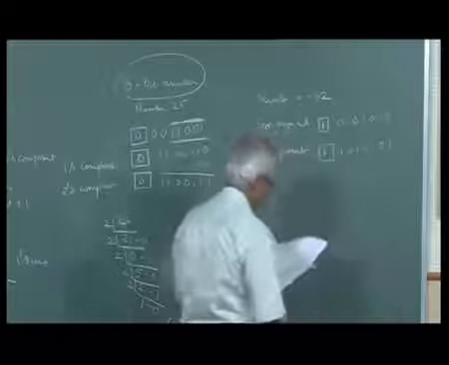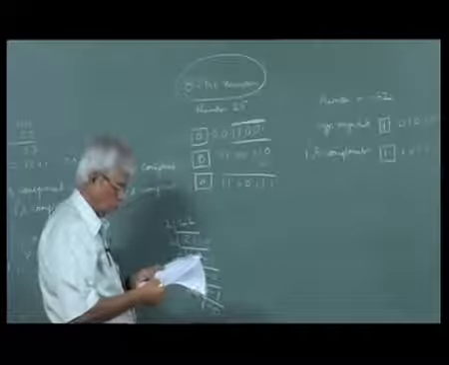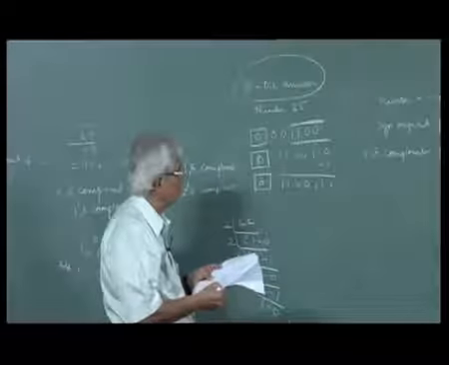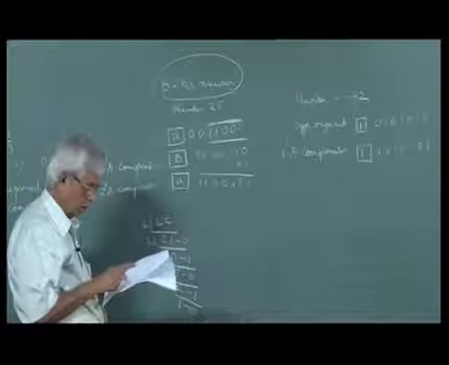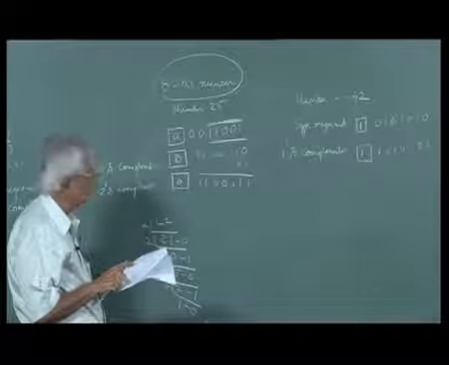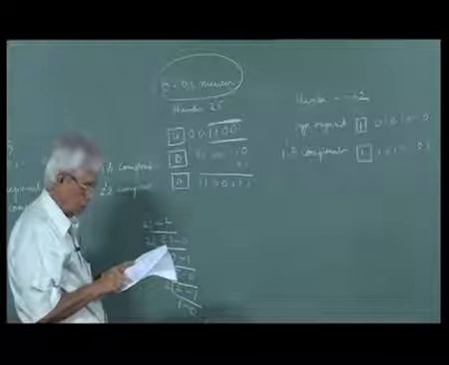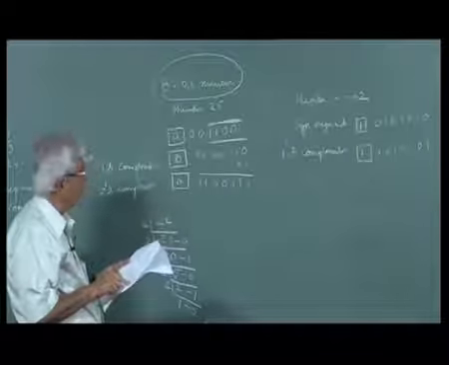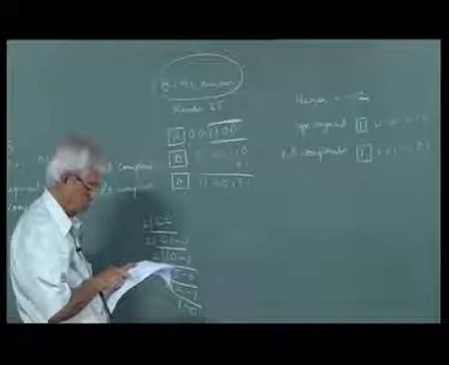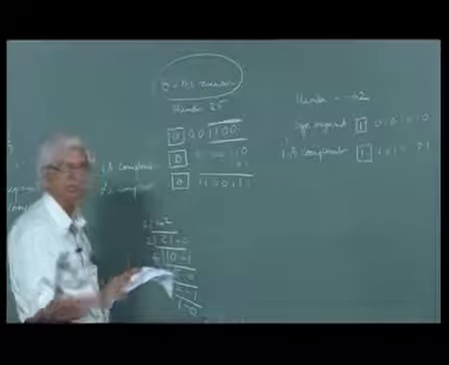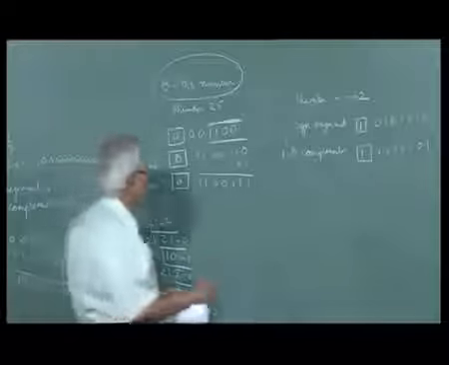So it is 1, 1, 0, 1, 0, 1, 0, 1. Then 2's complement.